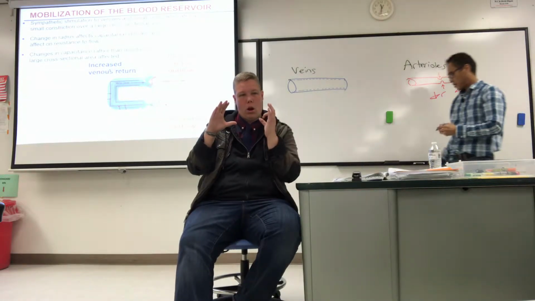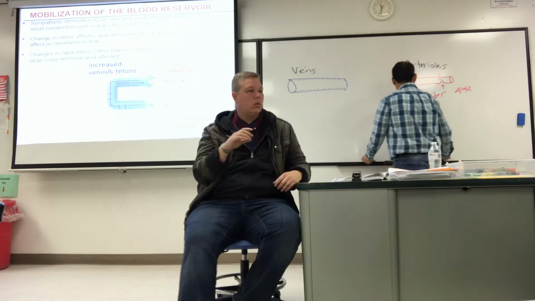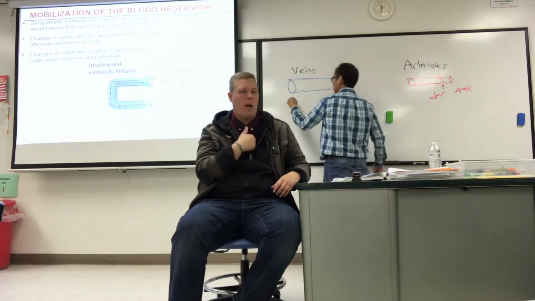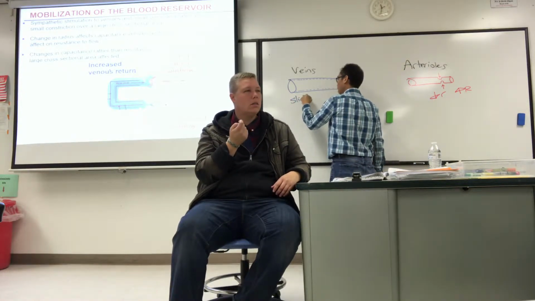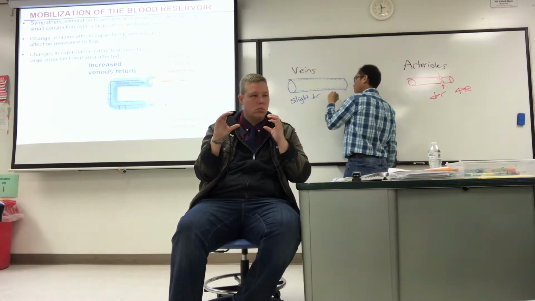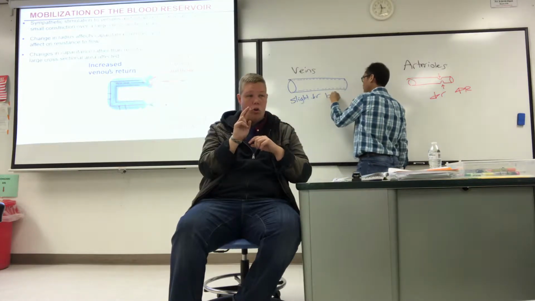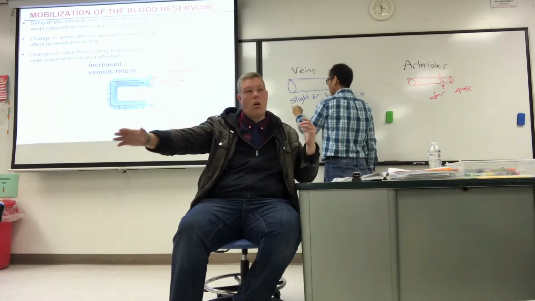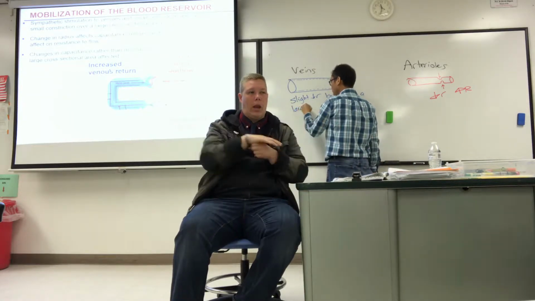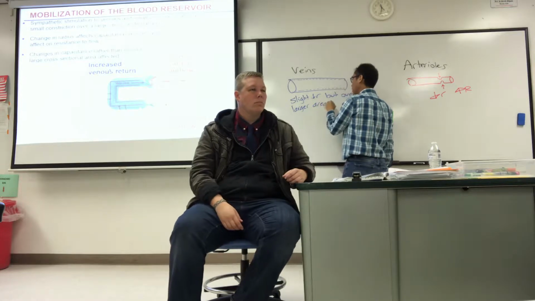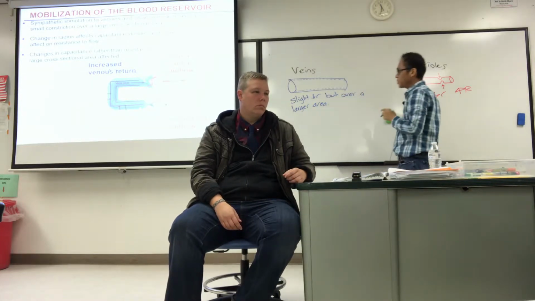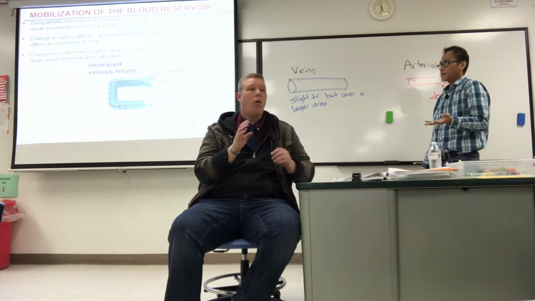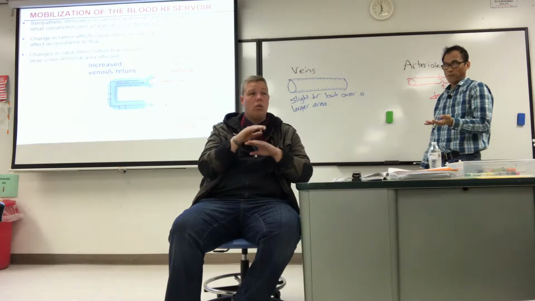So I'll say, for veins, you have a slight decrease in little r, but over a larger area. Overall, what we see is there's no effect on the resistance to blood flow.